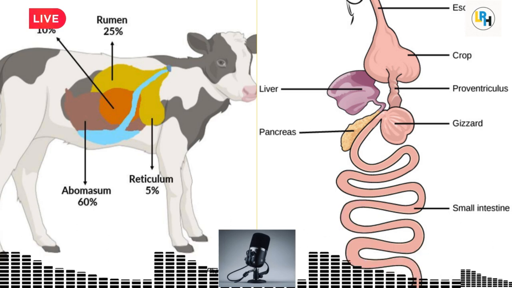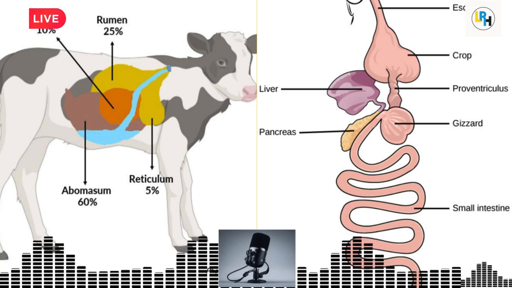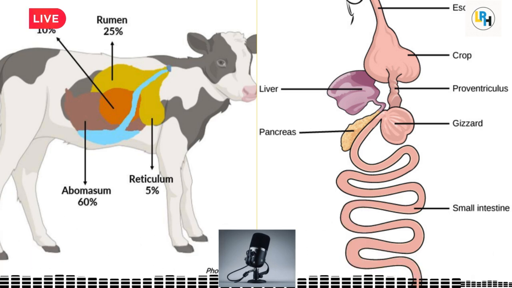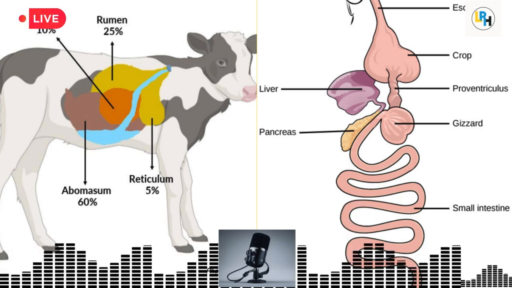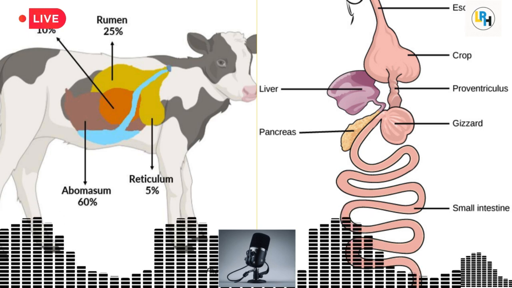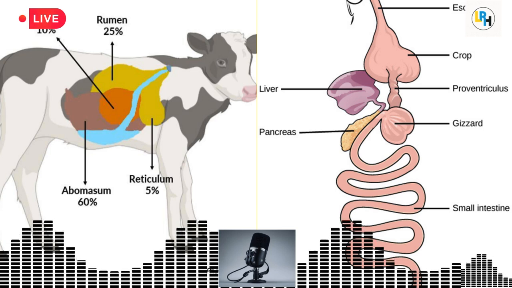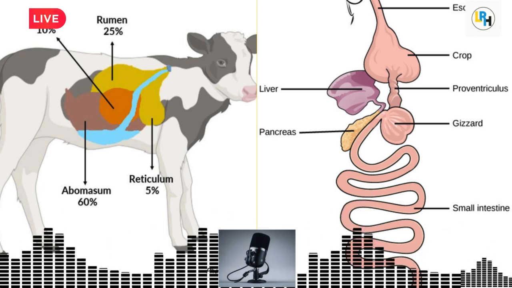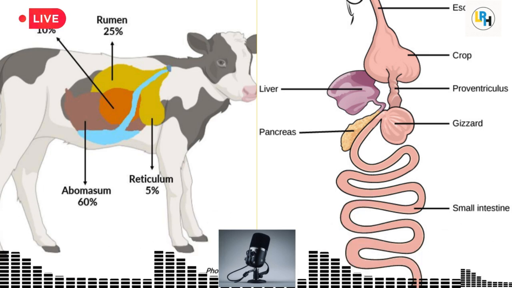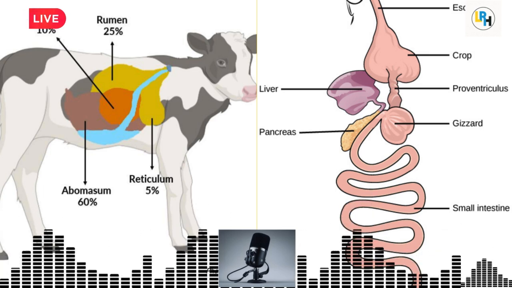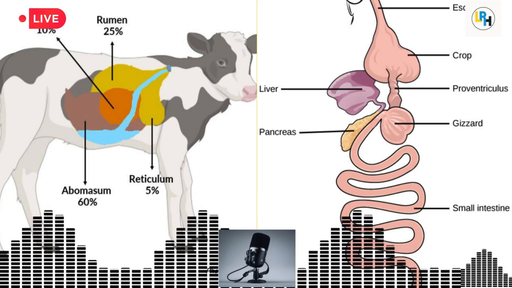Omasum. This chamber has many folds, like the pages of a book. They absorb water and nutrients from the food. So the function of the omasum is that it absorbs water and nutrients from digested food.